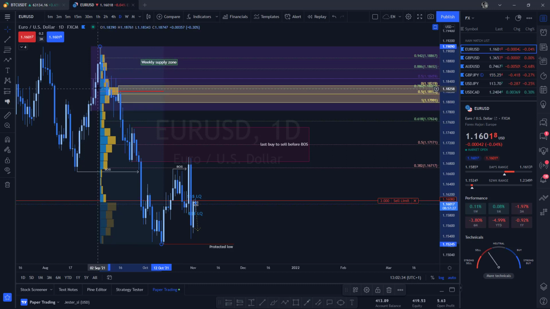The most volume was on this zone here, that's the red line here.